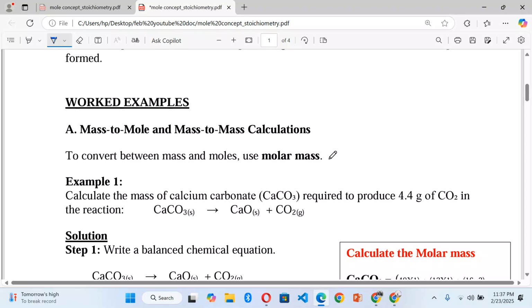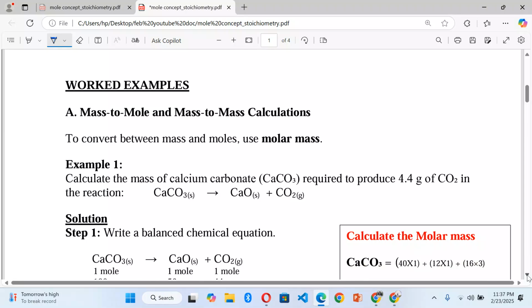All that we shall be looking at in this session, but we also have a full session from before, where we looked at calculating relative formula mass, relative molecular mass, and relative atomic mass. So we can still use that video tutorial to go through the calculations of molar mass. Let's look at the first example.